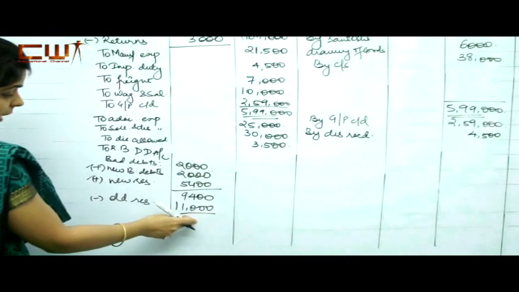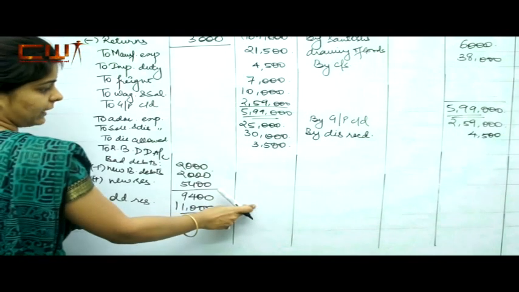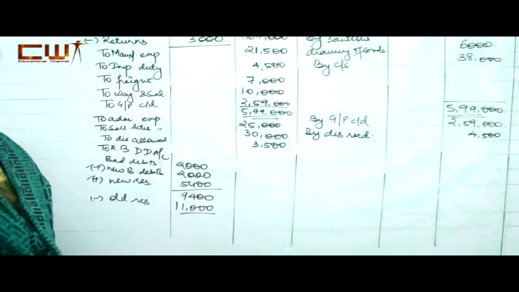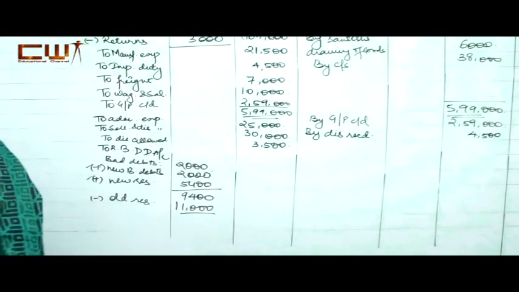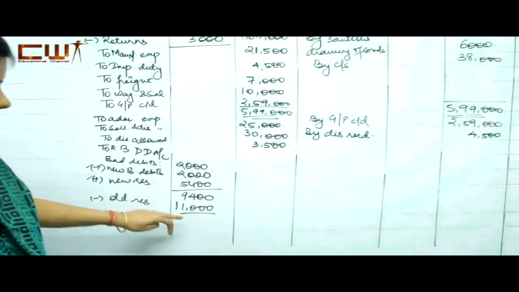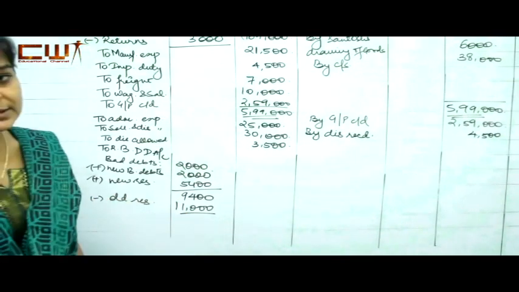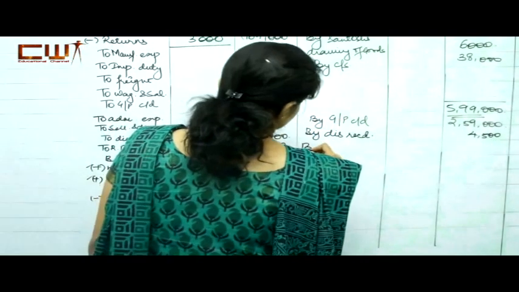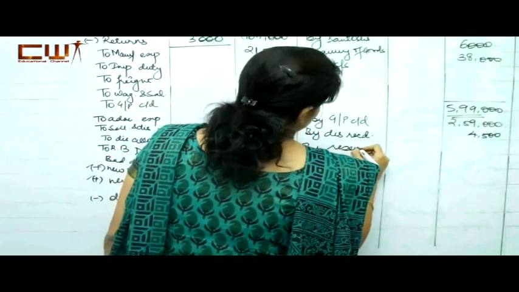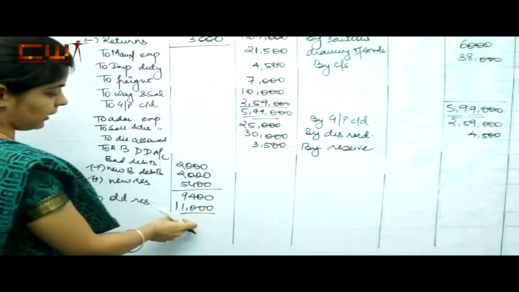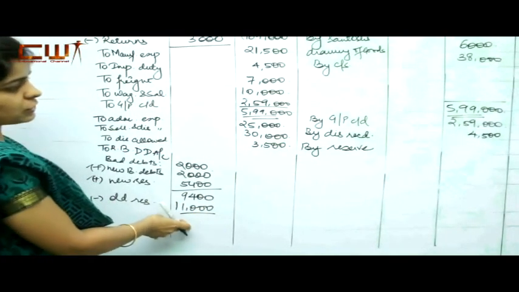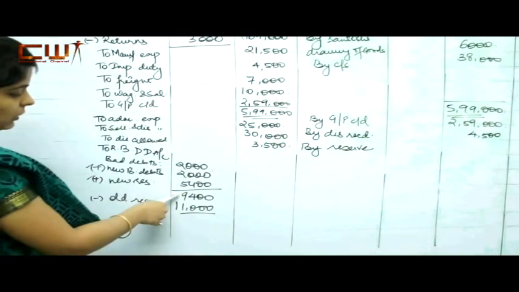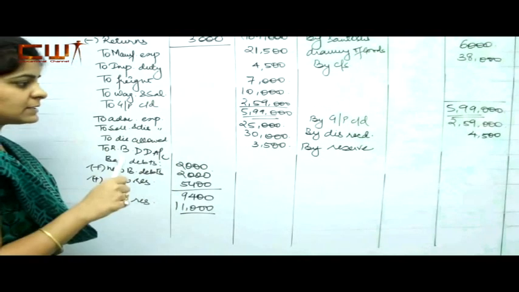Now see, you have 9,400 and 11,000. This will give the answer in minus. You will not write anything in minus here. Instead, you have 9,400 and 11,000, that is a difference of 1,600, that you will write on this side. In this question, 9,400 minus 11,000 will give you minus 1,600.